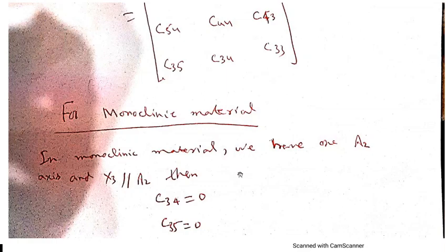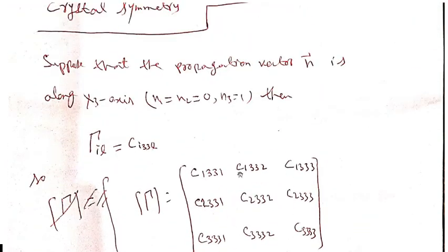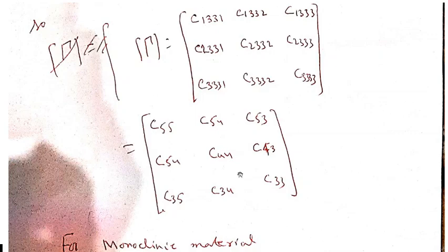Suppose that this A2 axis is parallel to the x3 axis, and we have also supposed that our propagation vector is along the x3 axis.